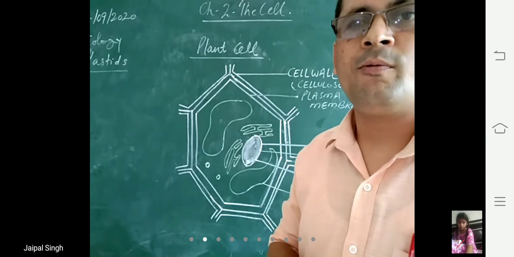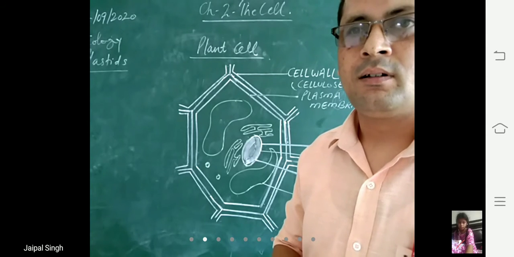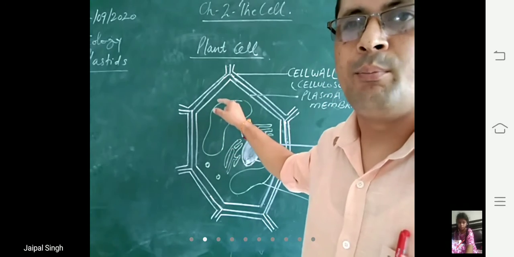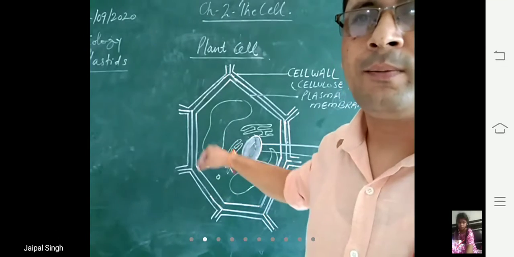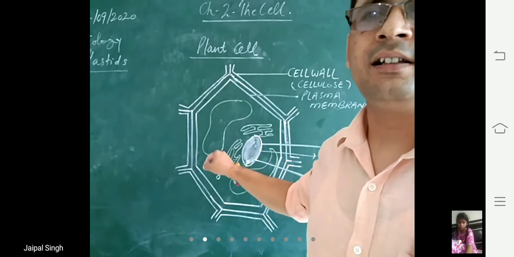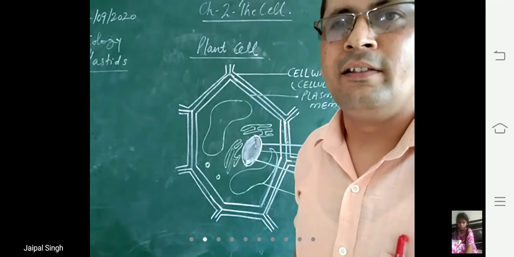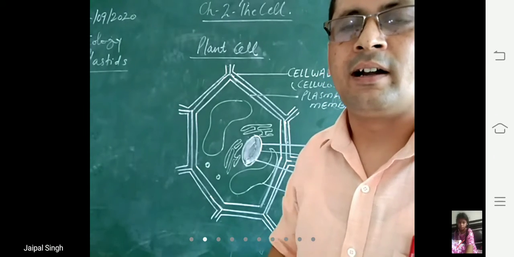Clear? Because they are bigger in size, they occupy most of the space. This is the reason that the nucleus lies in the periphery. It is not located at the center.